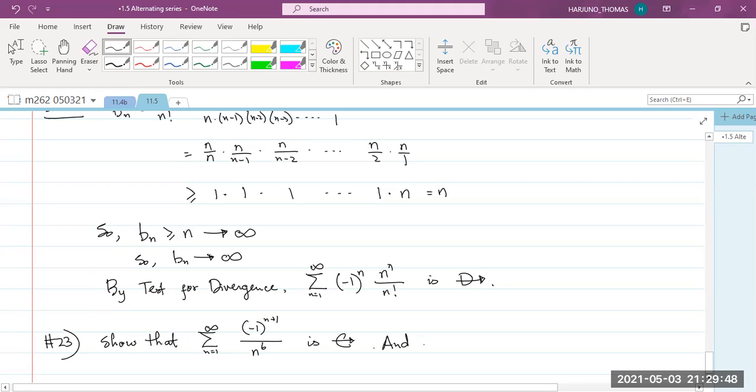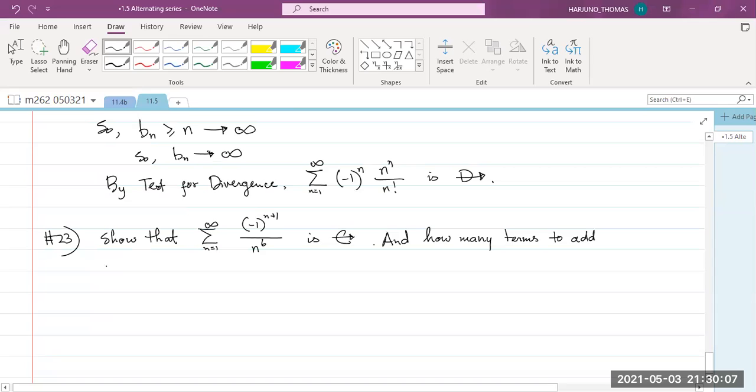And how many terms to add such that the error to the infinite sum is less than 0.00005.